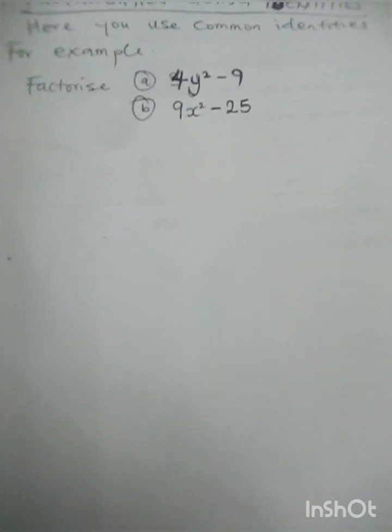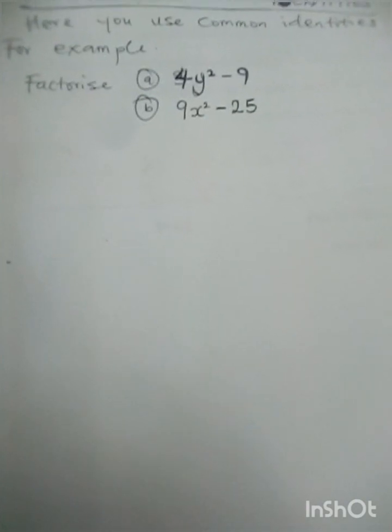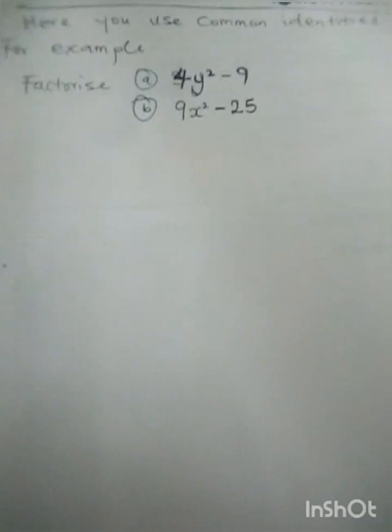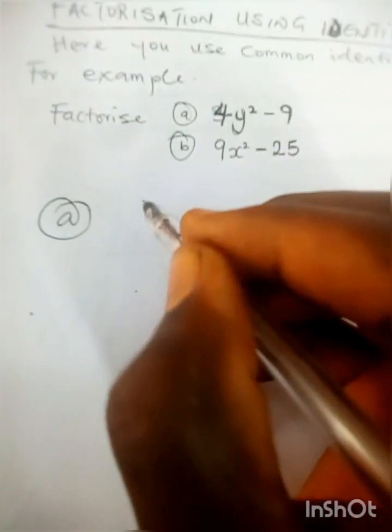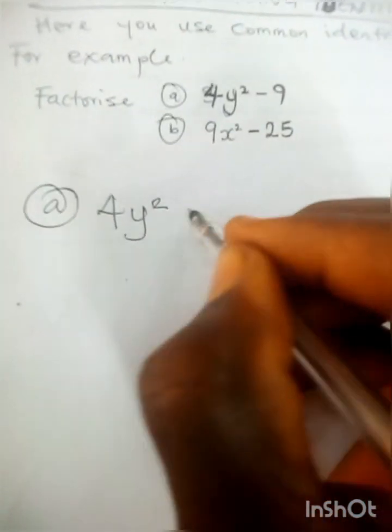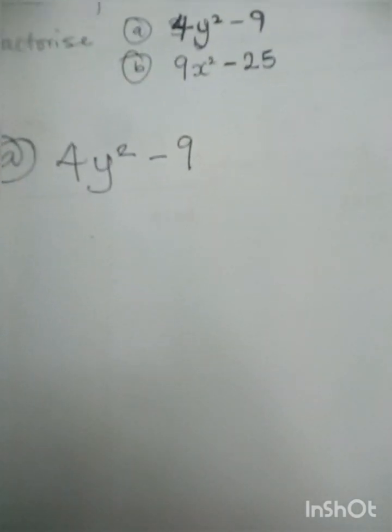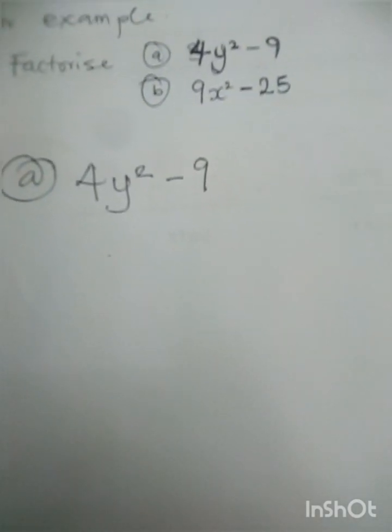First, we have 4y squared minus 9. Now, if you look at this, I believe nothing is common. Let's write it down first. Now, 4y squared minus 9. Looking at this, the first time, nothing is common.